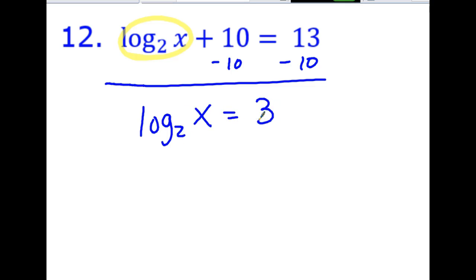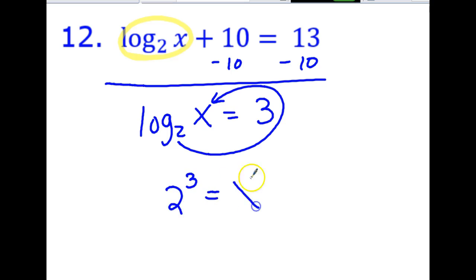Once you have it down to one log all by itself, then you change it to exponential form in order to solve it. Base 2, this is the exponent, equals x. Well, what is 2 to the 3rd power? You never leave the answer in that form. What is 2 to the 3rd power?